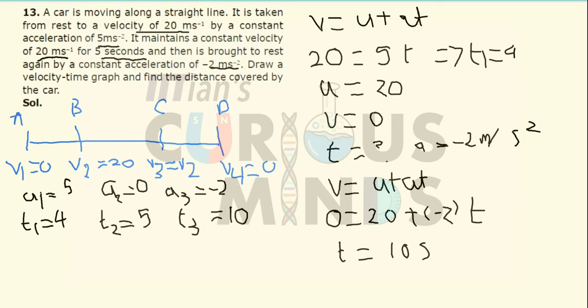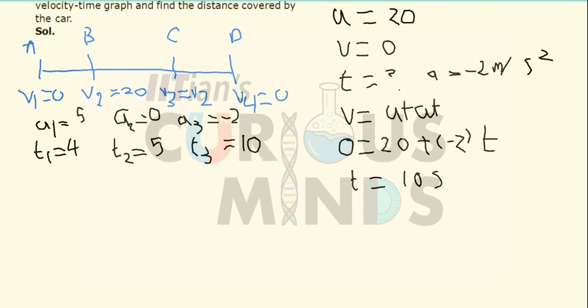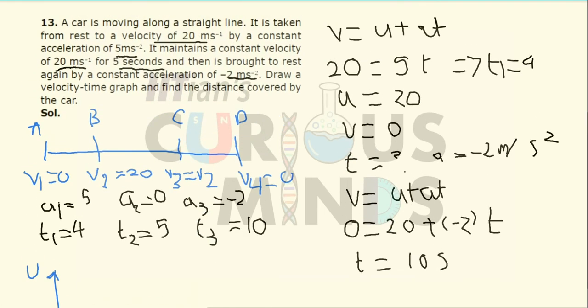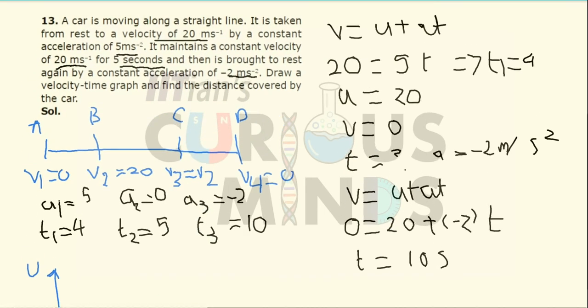Now we have to calculate the velocity time graph and the distance traveled. Let us first draw the velocity time graph. From 0 it takes a time of 4 seconds.